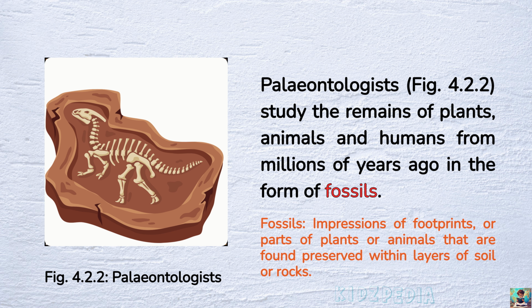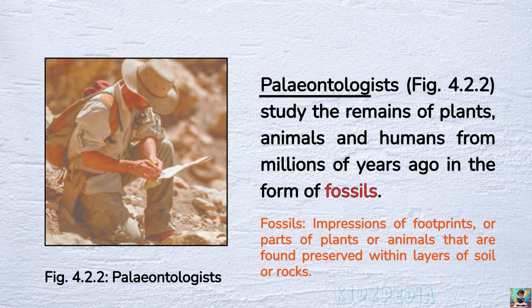So, fossils are old bones, footprints, or parts of plants and animals that got saved inside the ground or rocks. And a paleontologist is a scientist who studies the fossilized remains of plants, animals, and humans from millions of years ago.